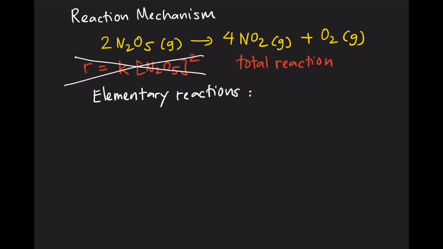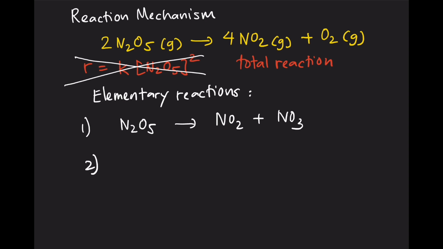For this particular reaction, the proposed mechanism is as follows. The first reaction would be that one molecule of N2O5 will first dissociate into NO2 and NO3.